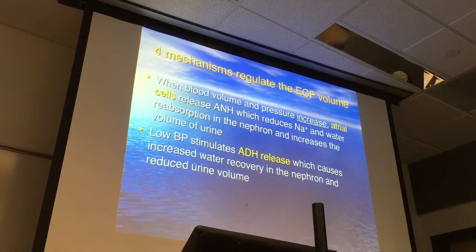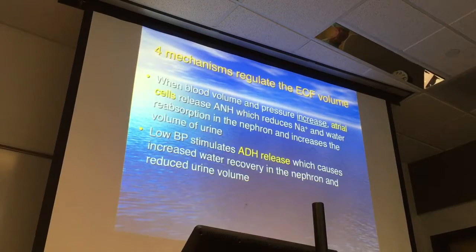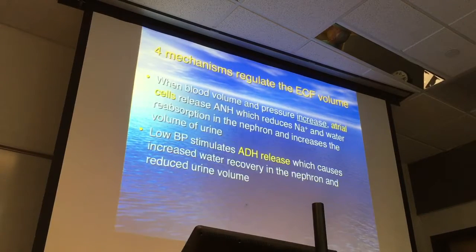If your blood pressure increases, we're going to have atrial natriuretic hormone or atrial natriuretic peptide, both, released, which reduces sodium and water recovery directly. It's going to suppress ADH, but it's not here on this part. We covered a little more there. And which is going to cause a reduced water reabsorption, increases the volume of urine.